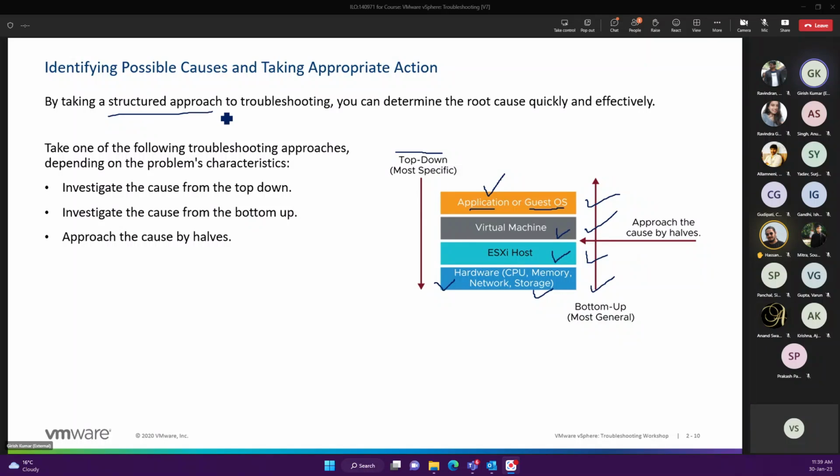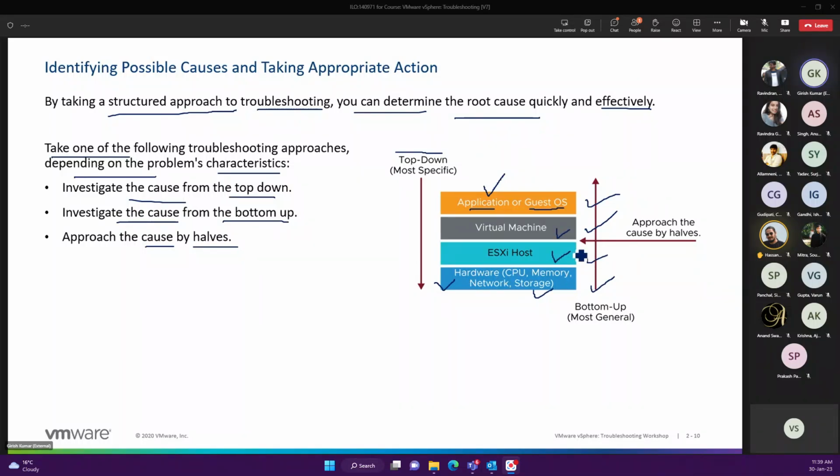So by taking a structured approach to troubleshooting, you can determine root cause quickly, effectively, and take one of the troubleshooting approaches depending on the problem's characteristics. Investigate the cause from the top down, investigate the causes from the bottom up, and approach the causes by arms.